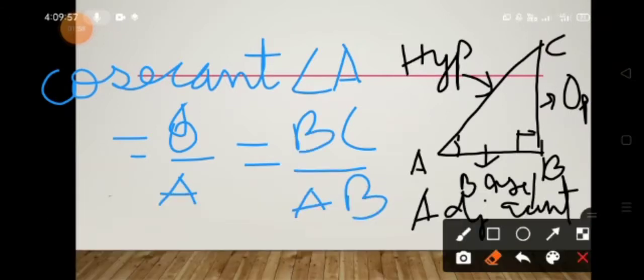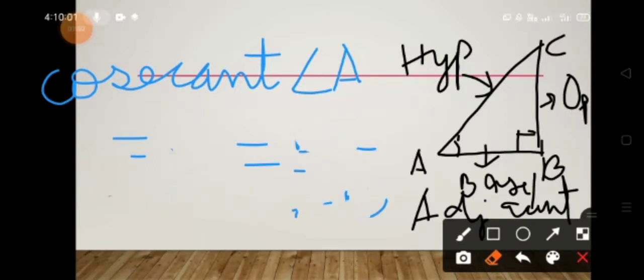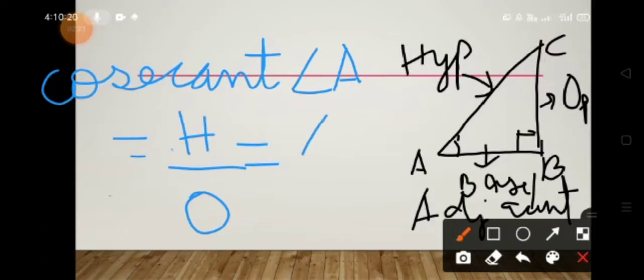Hypotenuse by opposite. Say with me, hypotenuse by opposite. Cosecant of angle A would be hypotenuse by opposite, which is, what is my hypotenuse here? AC. What is my opposite here? BC. AC by BC. Okay.